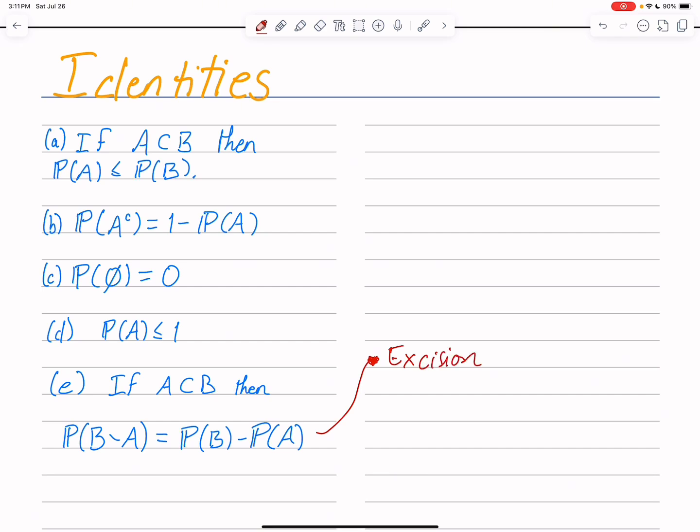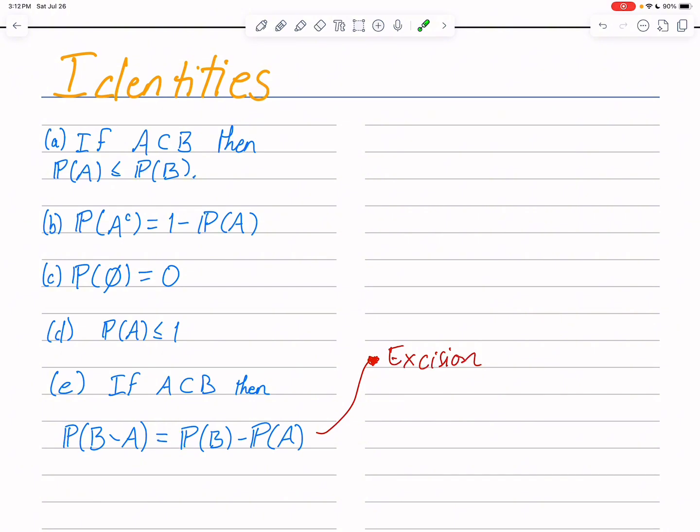I believe I've spelled that right, although I could have it wrong. It's basically the idea that the probability of the set difference is the probability of B minus the probability of A. A fairly intuitive result, but keep in mind that A being a subset of B is an essential feature of this, right? It would not work if you did not have A a subset of B.